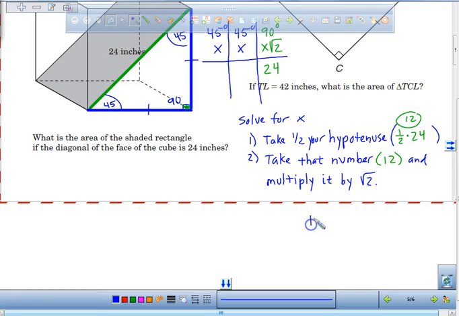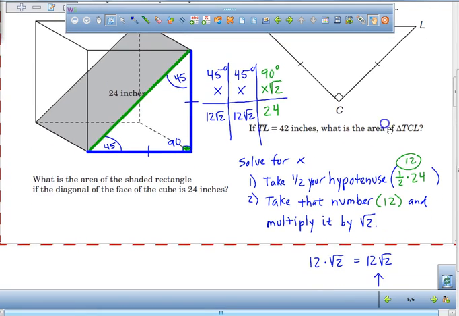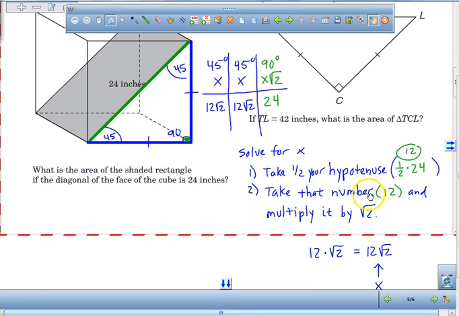So when I take the 12, everybody, and multiply it by radical 2, I get the answer 12 radical 2. And that answer is what x is right here. So you're going to write 12 radical 2 and 12 radical 2.